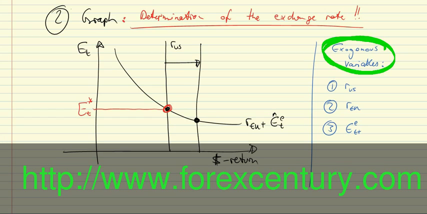How is this new equilibrium attained? So how do we get from the first equilibrium to the second equilibrium, which we might call ET star 2?